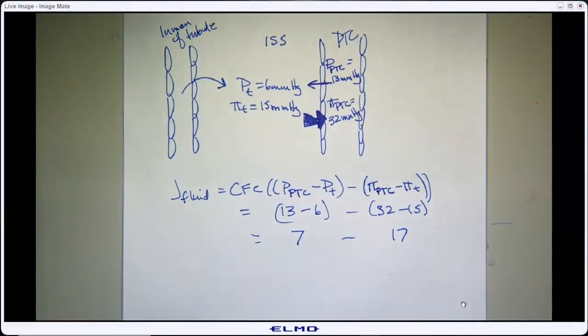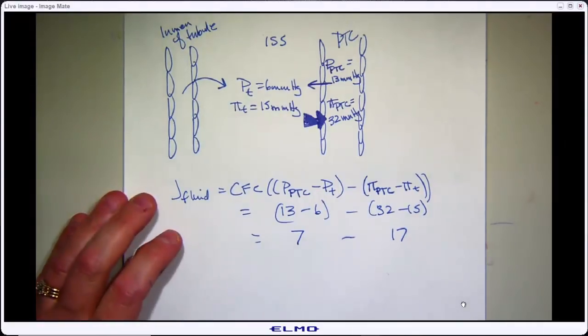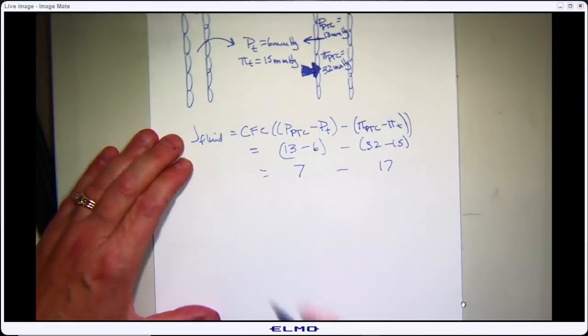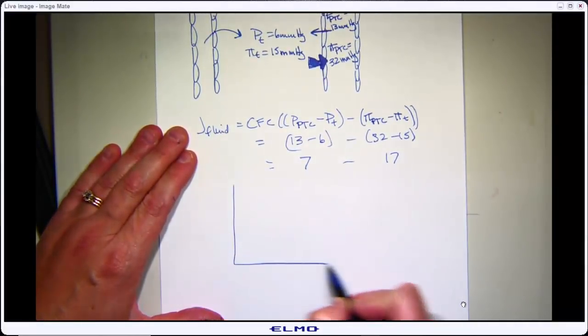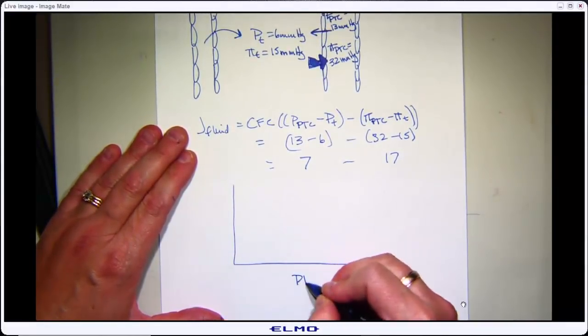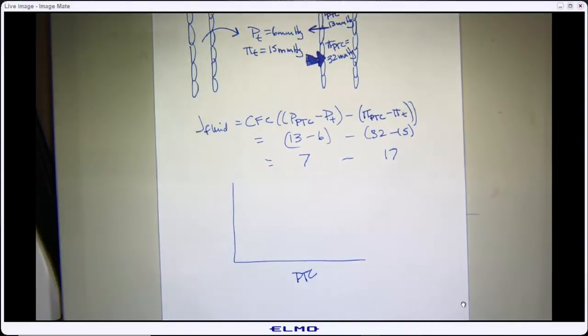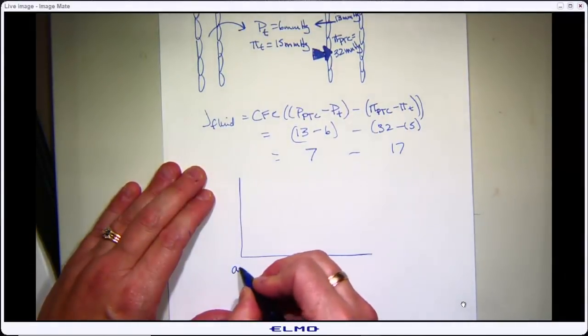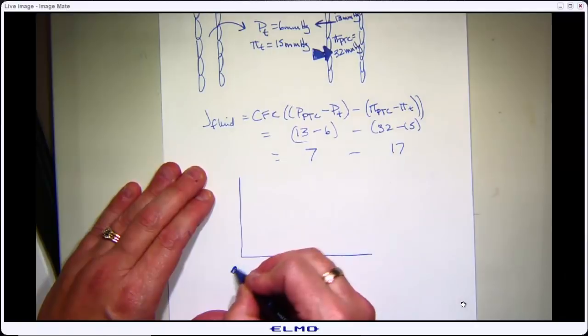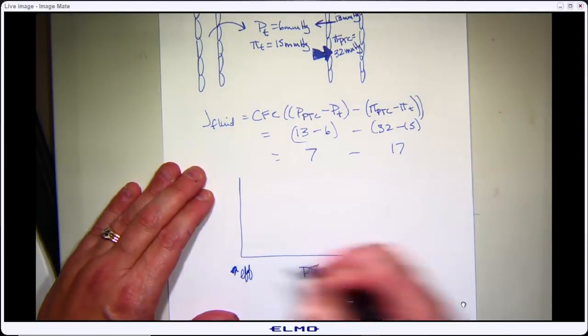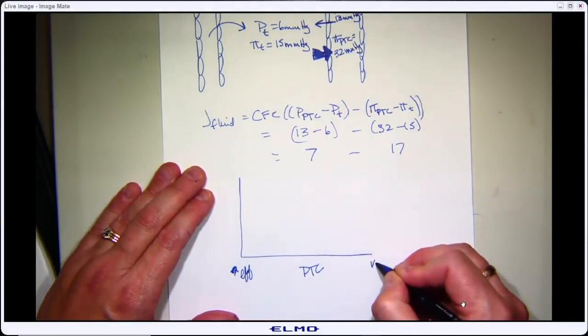Okay, so this is now showing us, through an equation, if you dig those, that our delta pi is greater than delta P. Okay, and that was the scenario in which we saw reabsorption. So if we graph that like we have before, now we're talking about the peritubular capillary bed. Remember where we're at? So now we're going to have the efferent arteriolar side, peritubular capillaries to our venous side.